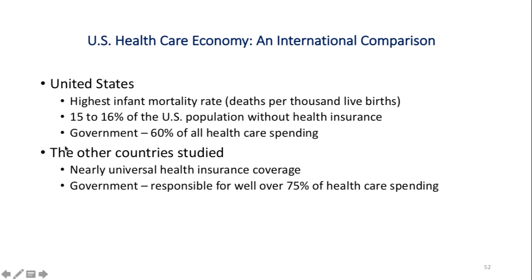The United States has the highest infant mortality rate, deaths per 1,000 live births, compared to the other countries with nearly universal health insurance coverage. The government is responsible for well over 75% of healthcare spending in the other countries, while in the United States government accounts for 60% of the whole healthcare spending.